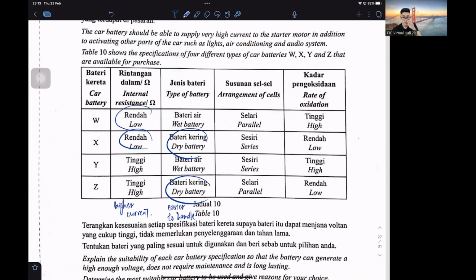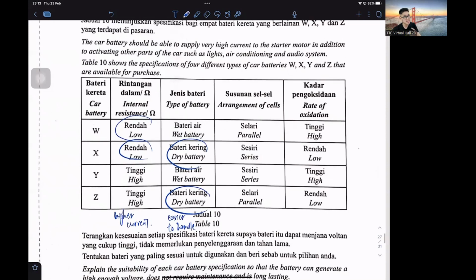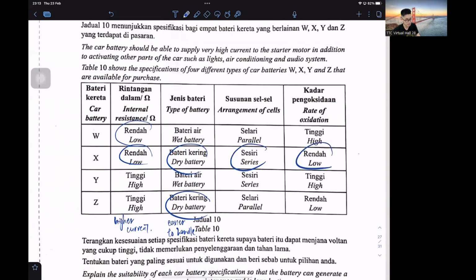Okay. The cells. Should we arrange them in series or parallel? By now, if you see two hits like that already, then you will know the next answer. So why do we want the cells to run in series? Because the series will give a higher voltage.